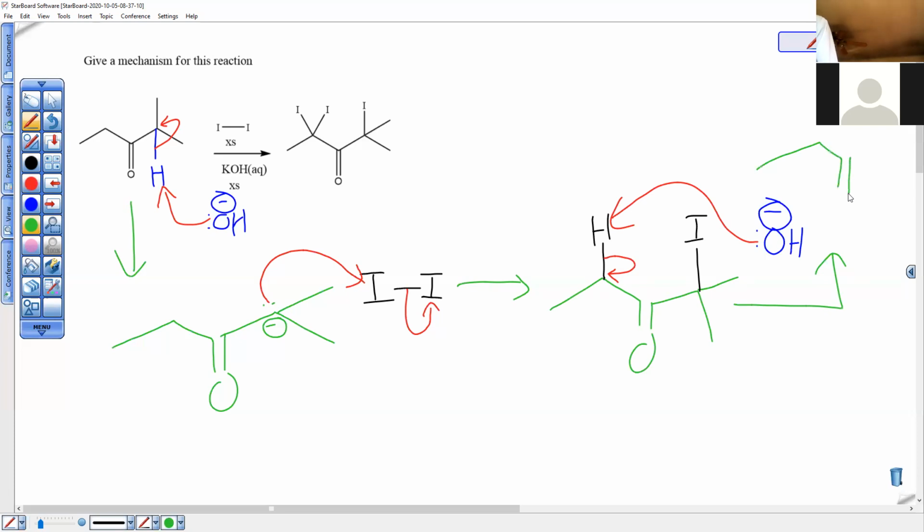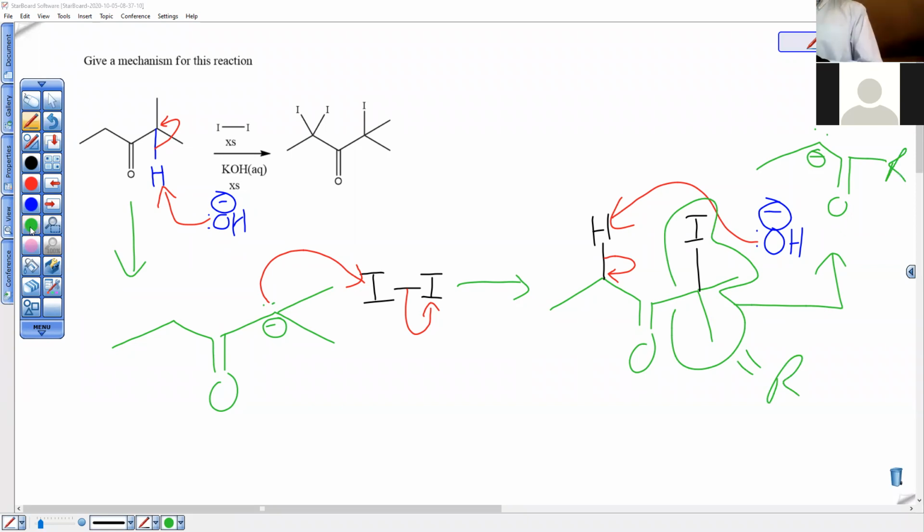I've seen students try to do that, and they put the lone pair right here, and I'm saying, okay, really, you just did an octet violation if you did that. So don't do that. Hey, don't draw that again. Done with that.